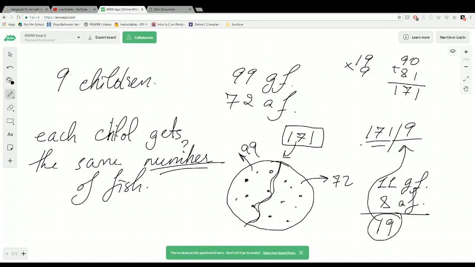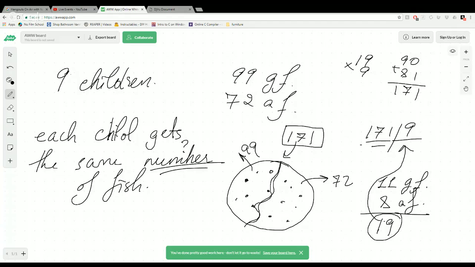Now I want to distribute the fish equally among all the children. I have 99 goldfish. How many should each child get? Well, 99 divided by 9 is 11. And you do the same for angelfish, 72 divided by 9 is 8. And we see that in both ways of computing this, the answer is 19 fish. Each child should be getting 19 fish.